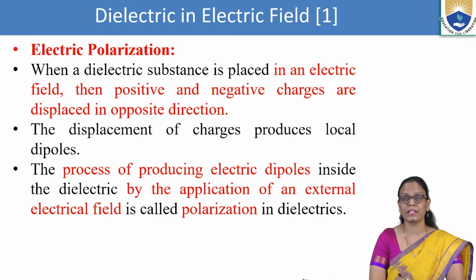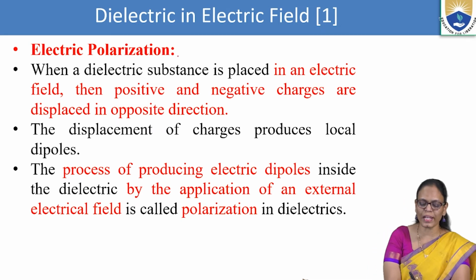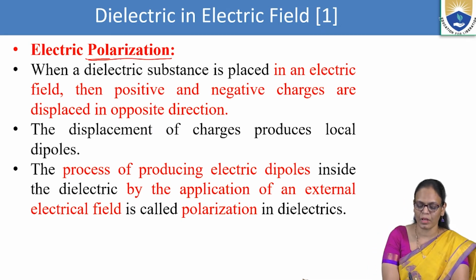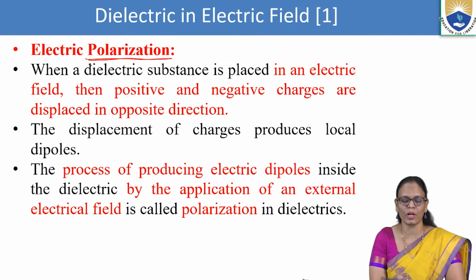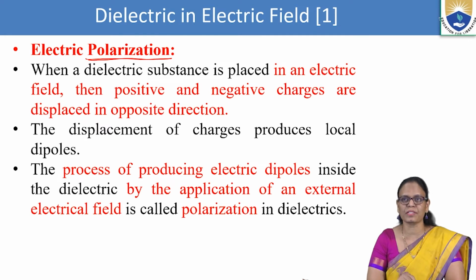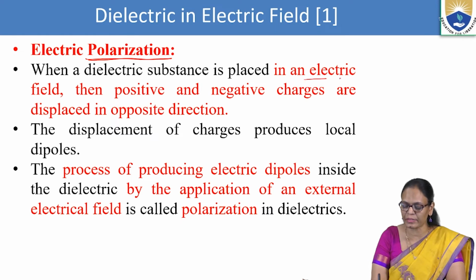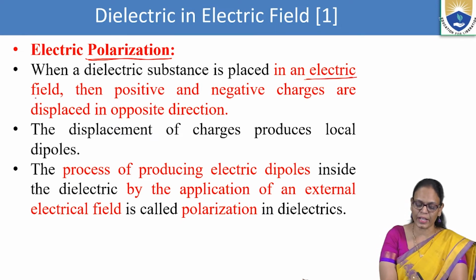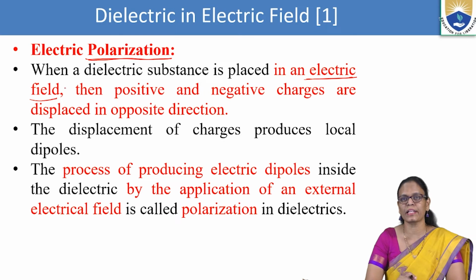Now the next one is electric polarization. What is polarization? If it is due to the electric field, we call it electric polarization. So when we keep a dielectric substance in an electric field, the positive and the negative charges are displaced in opposite directions.